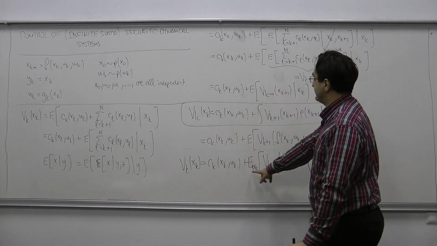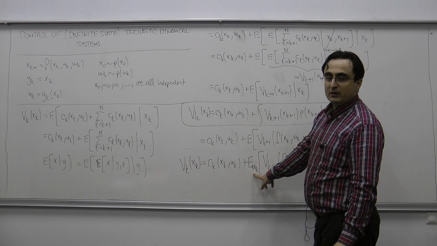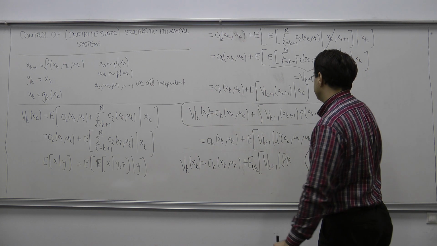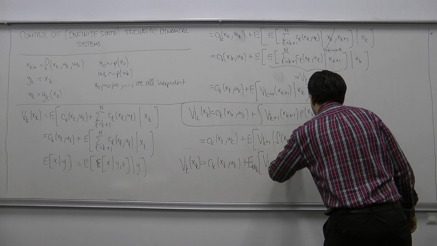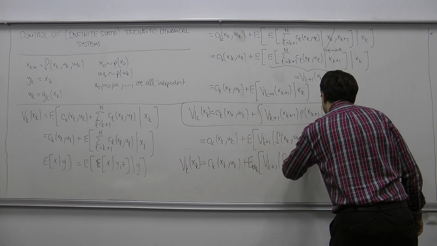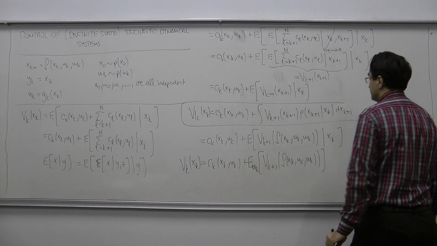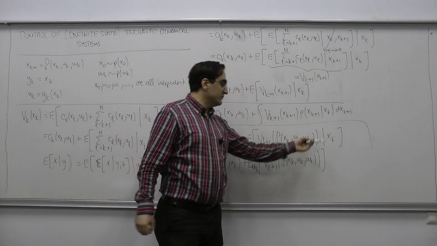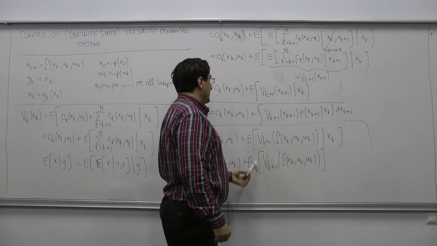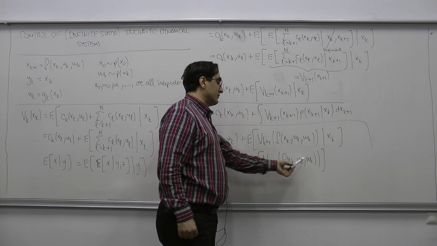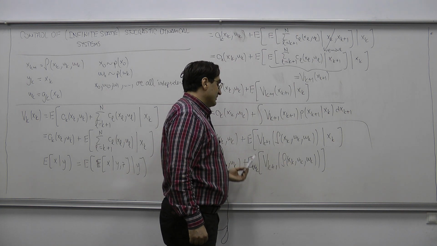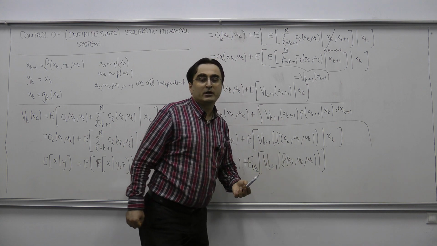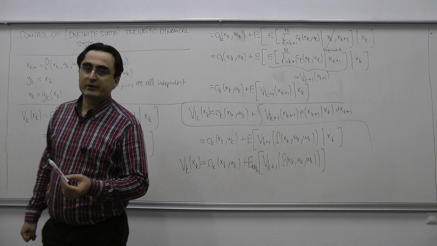I will show this as a subscript in the expectation sign. So here I remove the given condition because I write here an expectation with respect to only w_k, which means that all the other variables should be considered deterministic.